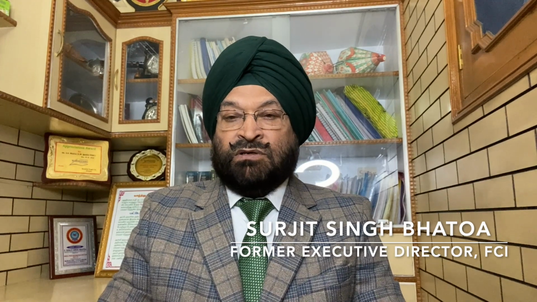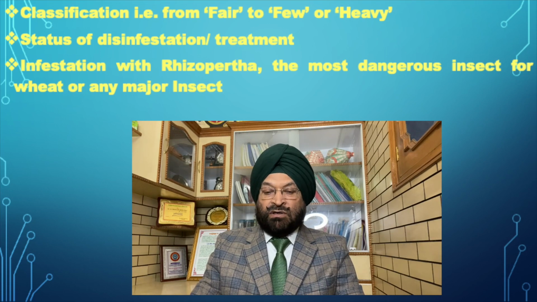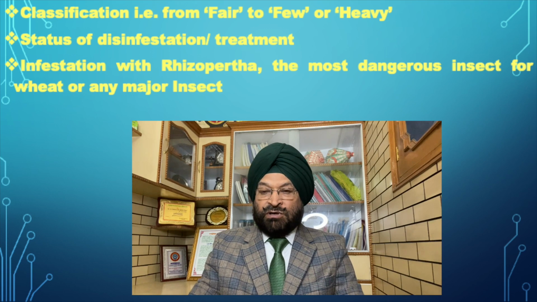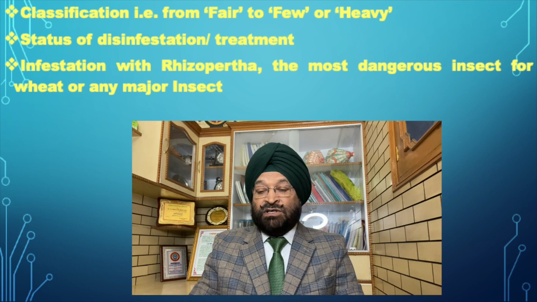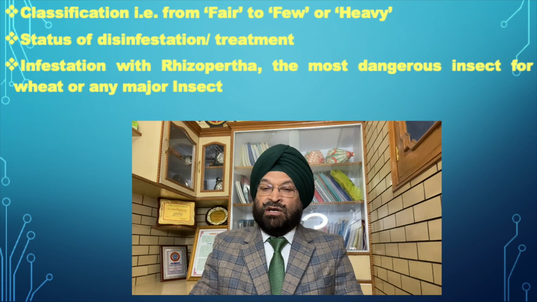What is the status of the classification? See, classification, status of the infestation from fair to few or heavy, right? The status of disinfestation or the treatment carried out by the staff. Then infestation with Rhizopertha, the most dangerous insect for wheat, or any major insect.